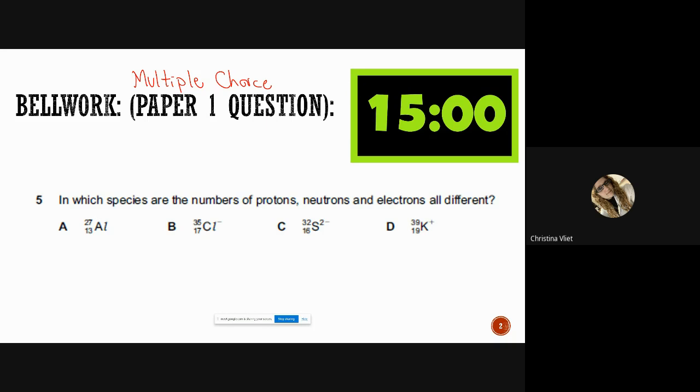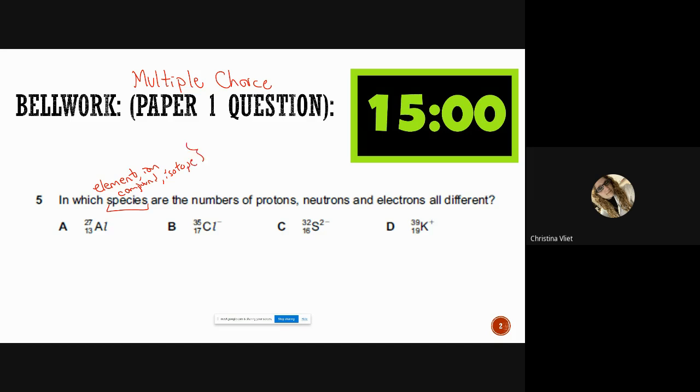Well, first of all, what's a species? Maybe it's an element. These aren't all elements, though. It's either an element or an ion or a compound or an isotope.